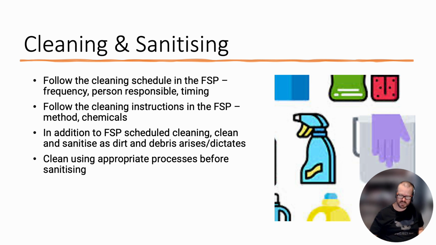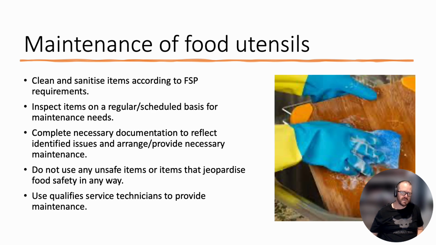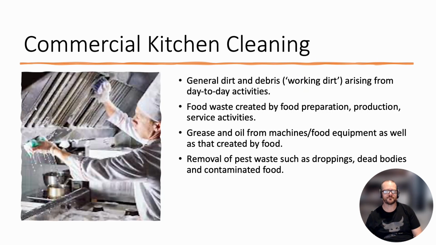So cleaning, and afterwards is sanitizing. Similarly with food utensils, the food safety program should outline how things are getting cleaned, and then how equipment is being maintained. It should outline the necessary documentation to identify issues as well. That goes back to our corrective action forms.